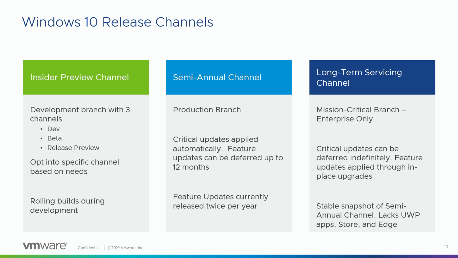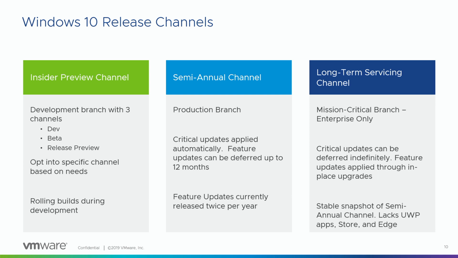The first is the Insider Preview channel, and this is essentially a pre-release or beta channel. Right, there's 3 branches in here. There's Dev, which is what they call the fast ring. There's Beta, which is more of the slow ring, and then Release Preview, which is just before the new version of Windows is released, so IT can test.